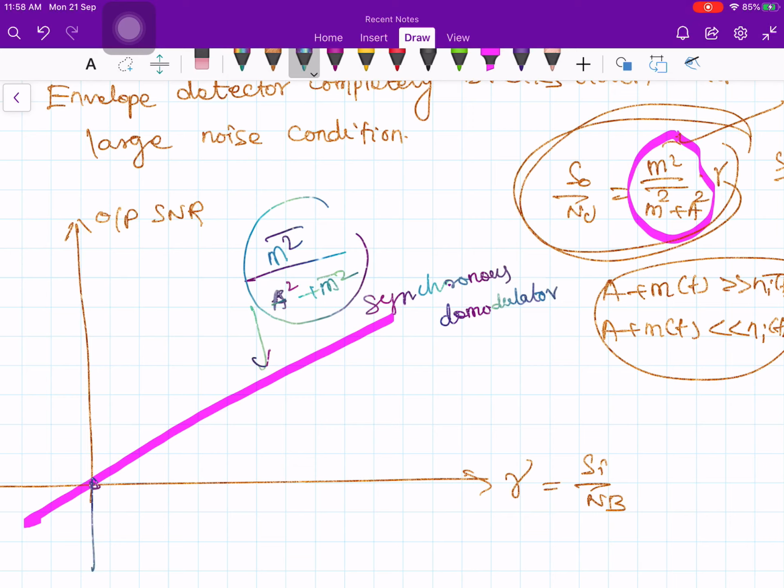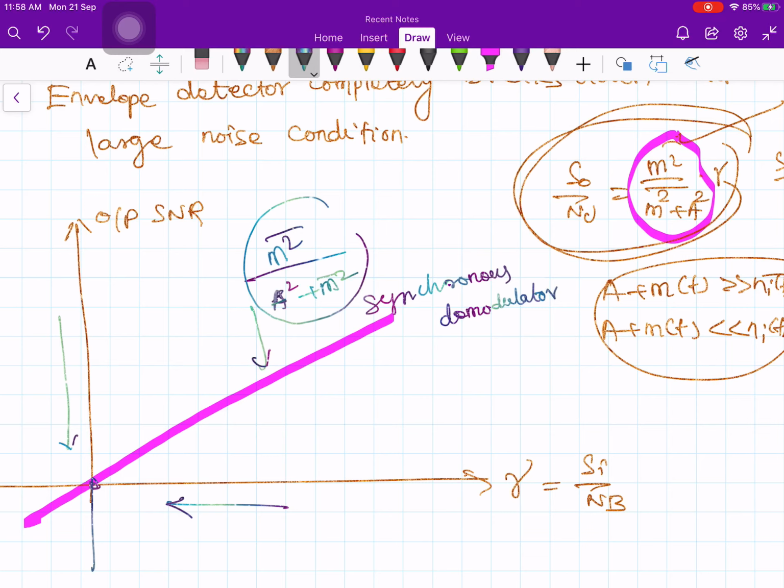So what does it show? When the input SNR falls down, it comes like this. That is, when noise becomes large, the output SNR also falls down. That is bound to happen, right? If your input SNR is falling down, then automatically you expect the output also to fall down.